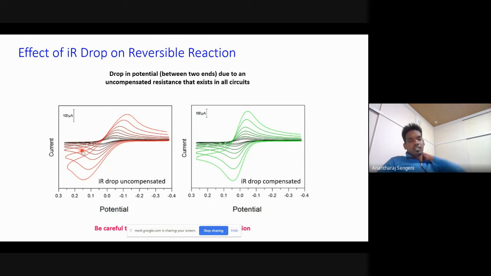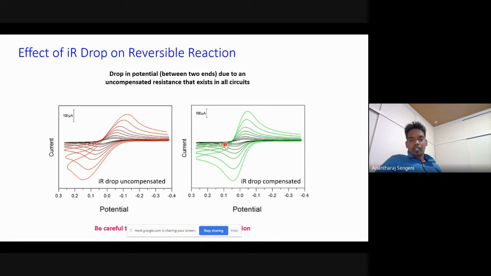The only thing that gives us a hint that this is not a quasi-reversible reaction is that the peak current ratio, IPC to IPA, is equal to 1, which is a characteristic of a reversible reaction. But a reversible reaction should not exhibit increasing peak potential with increasing scan rate. In that case, we need to compensate the IR drop like they have done here.